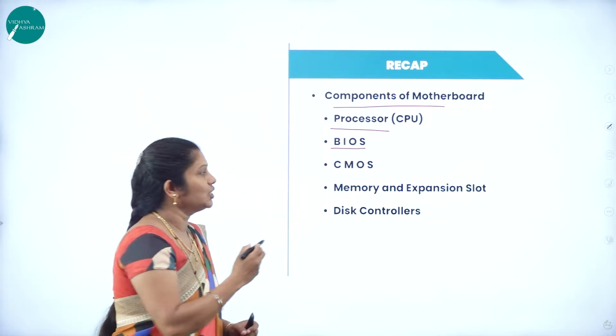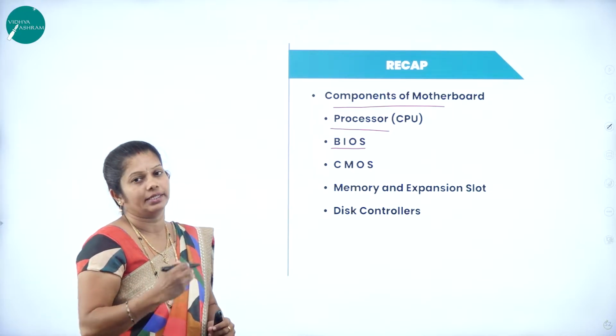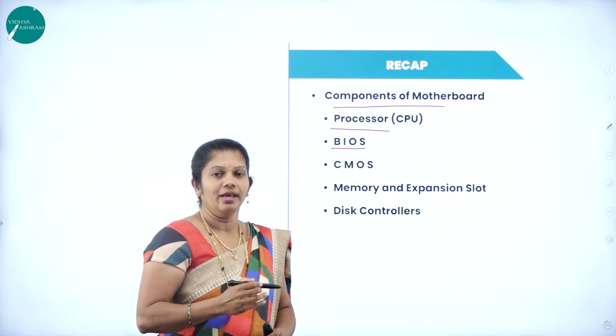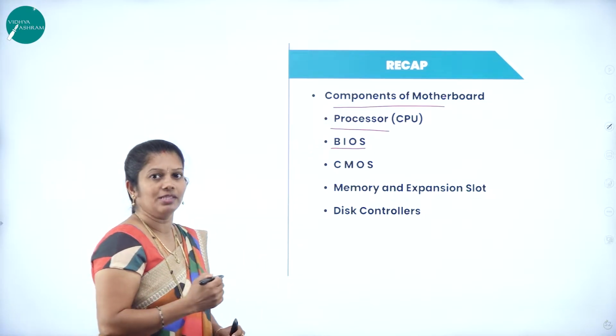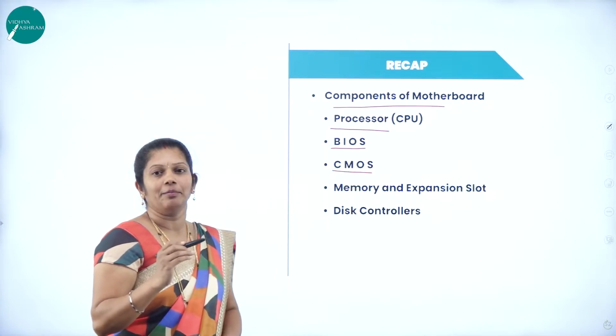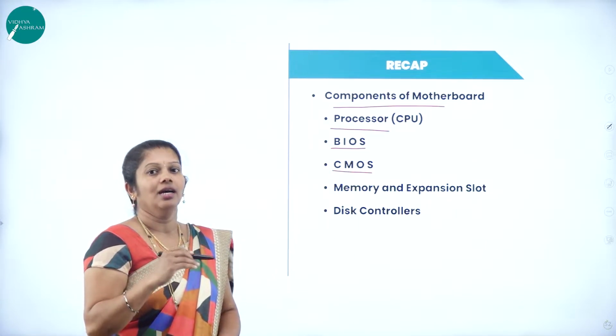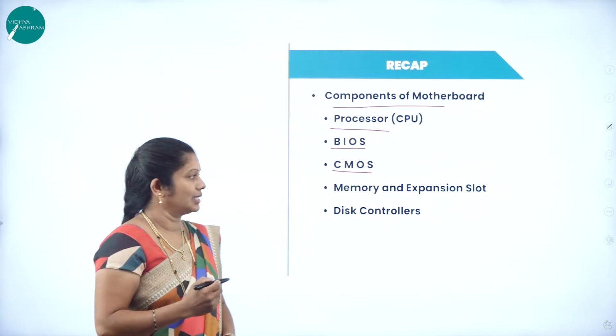The functionality of BIOS is that whenever we switch on the system, this program will be loaded and it helps to perform all input device operations as well as output device operations. Then CMOS, that is complementary metal oxide semiconductor, to store the basic information like date and time on the system.